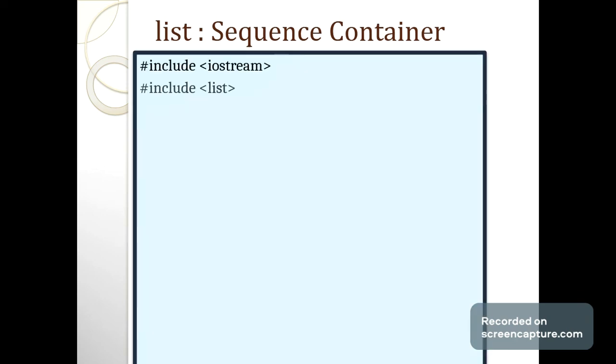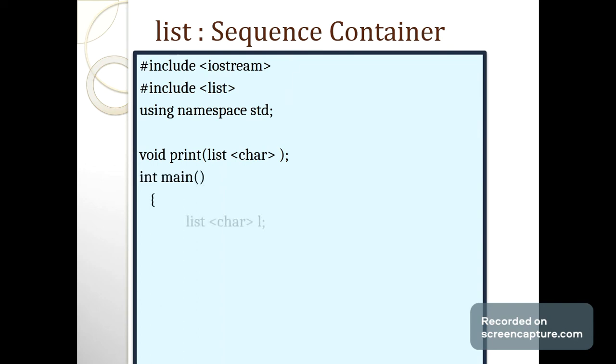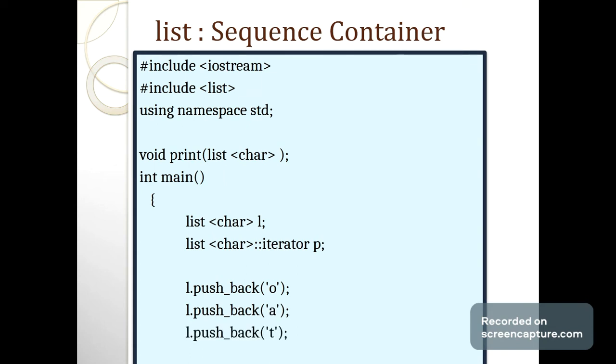Now observe here, hash include iostream and list. I'm taking a print function which will print the entire list, which is a list of characters. I'm taking a list of characters as my object, and to that I'm pointing an iterator p. Now I'm pushing back elements using the push_back function, means I'm pushing O, A, T inside my list.